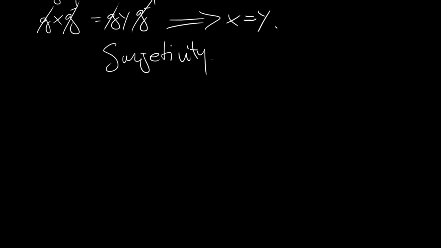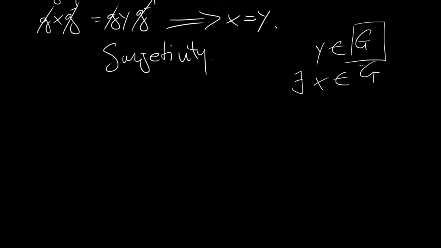In our specific case, we have to prove that for an arbitrary element y in the codomain, where G in this particular instance represents the codomain, for each element y in the codomain, there exists an element x in the domain.